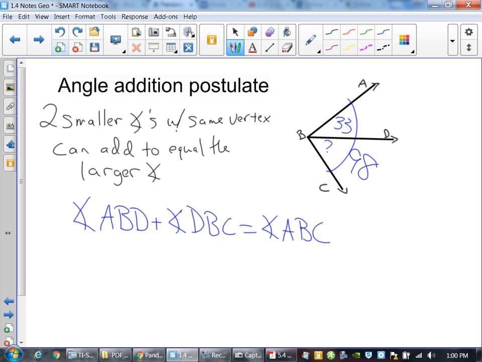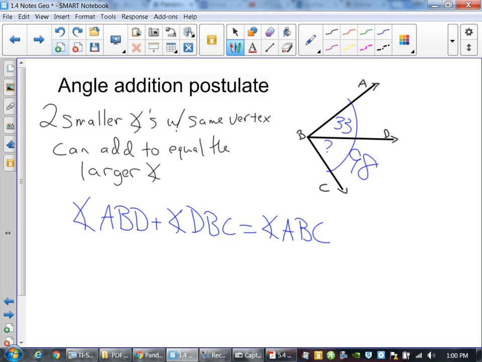So, what do you do to figure out the missing angle? That's it. Isn't it the same thing as you did here? If this whole thing was 12 and this much was 4, what would you do? Just try. It's the same thing, ladies and gentlemen.